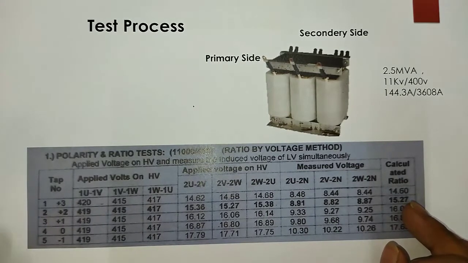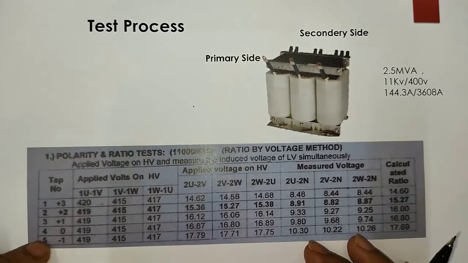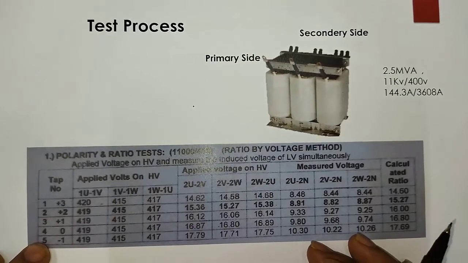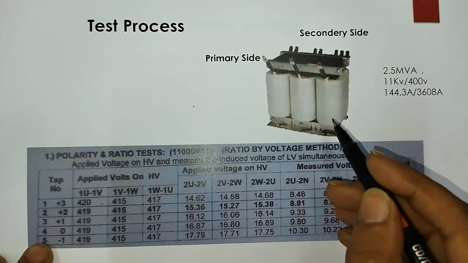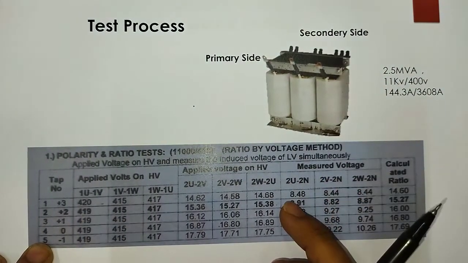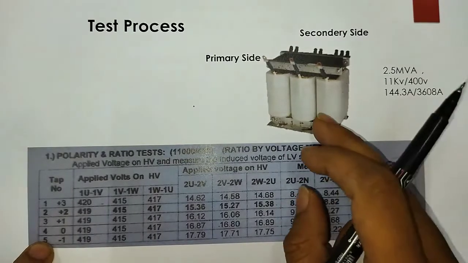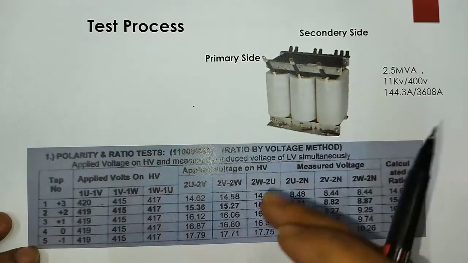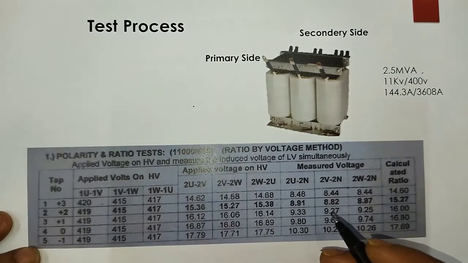Now, what is the process to cross check the turns ratio? We have done a practical testing, and this is the data for the testing, and we will explain depending on the data.